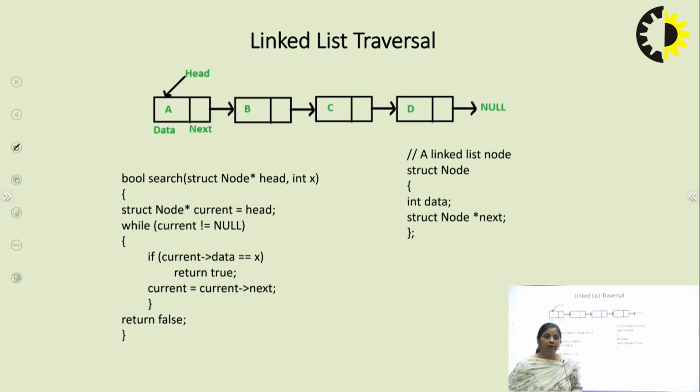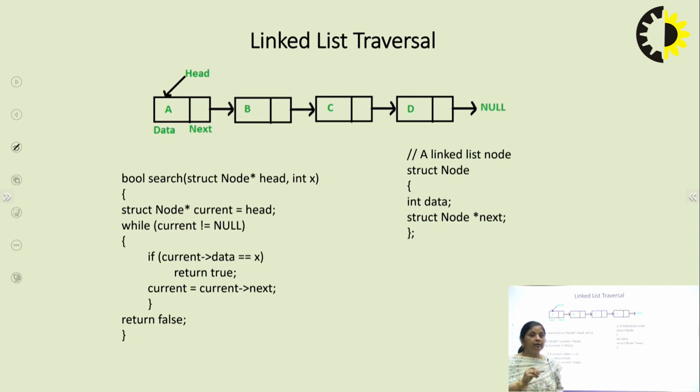So now let us start with the operations. Firstly, I am taking the traversal operation. Then we'll talk about insertion and deletion. In traversing, I have to find out something, so I will traverse the linked list. How to traverse the linked list?